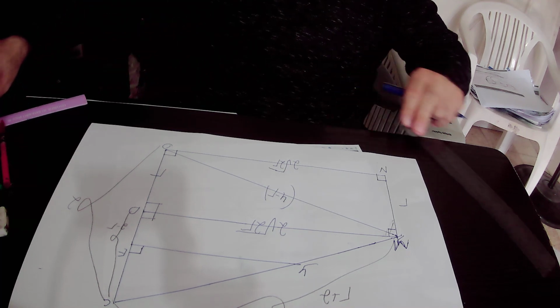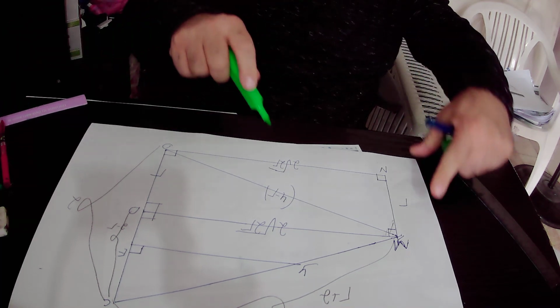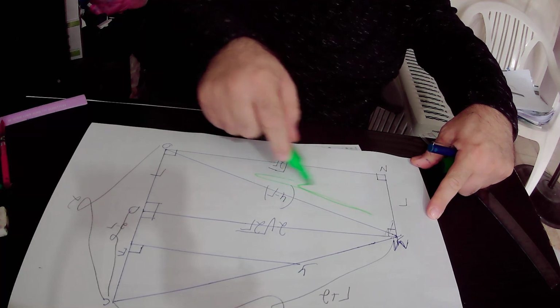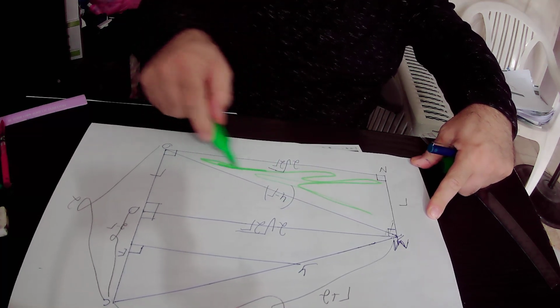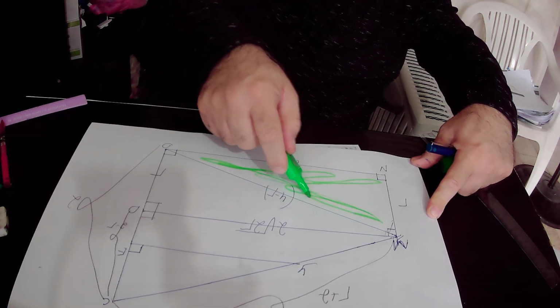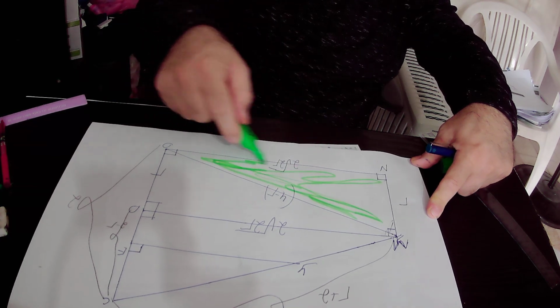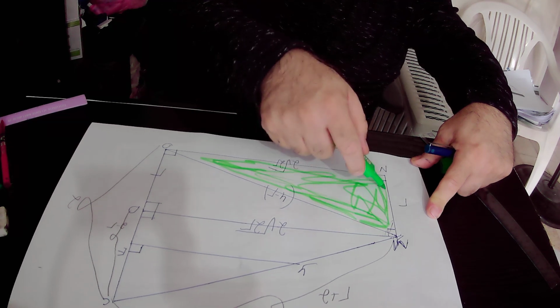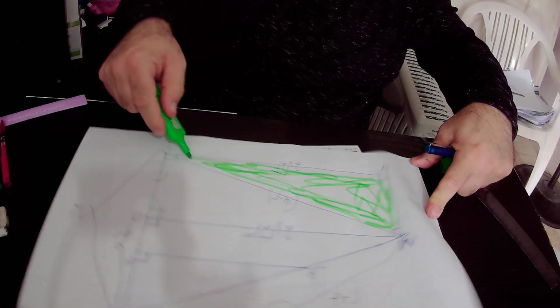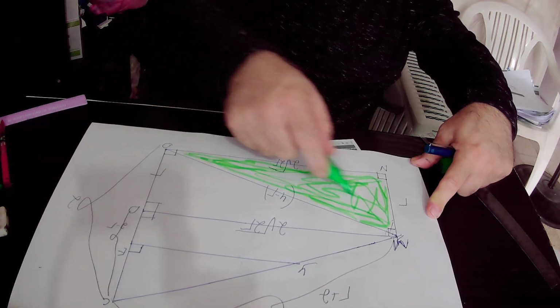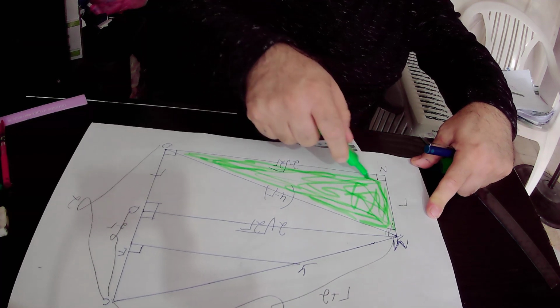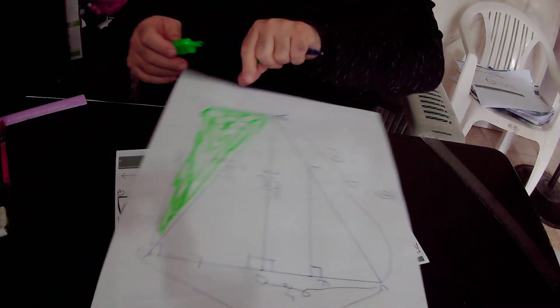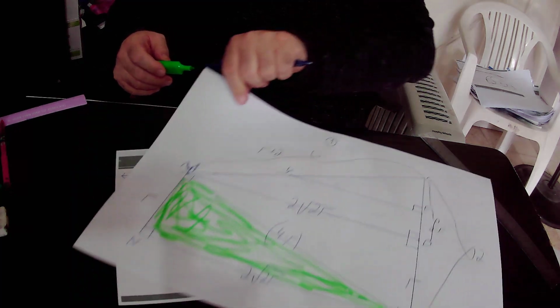We will focus on the green right triangle, triangle MNO.